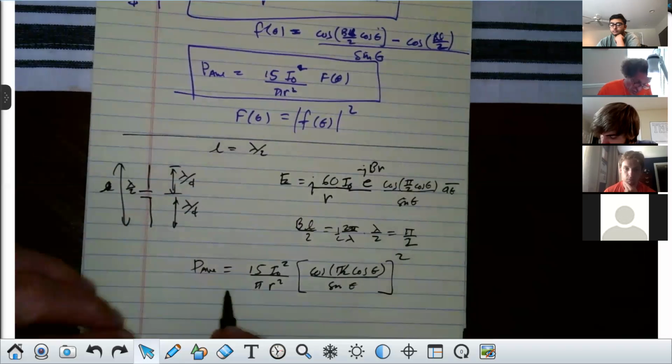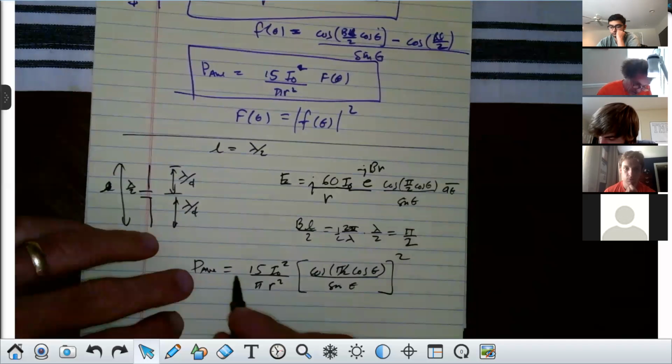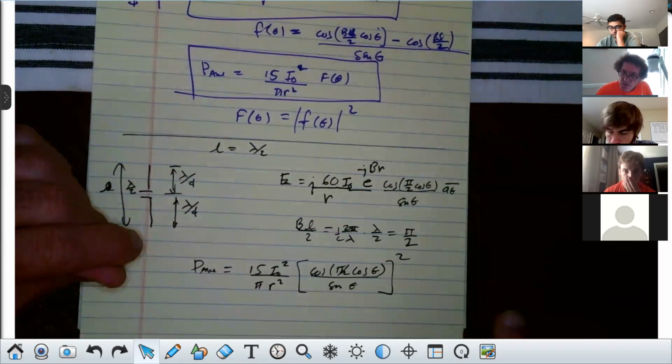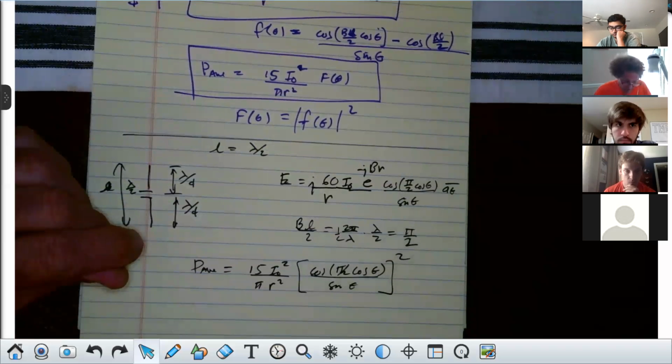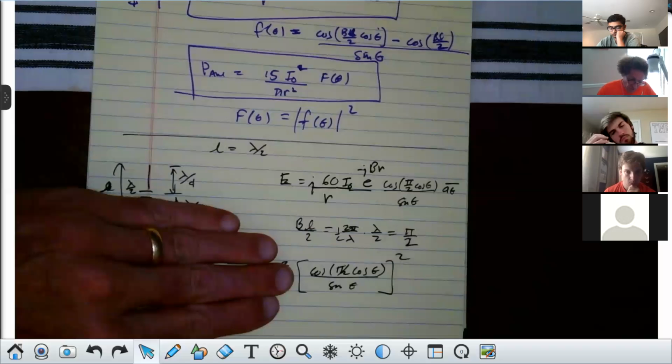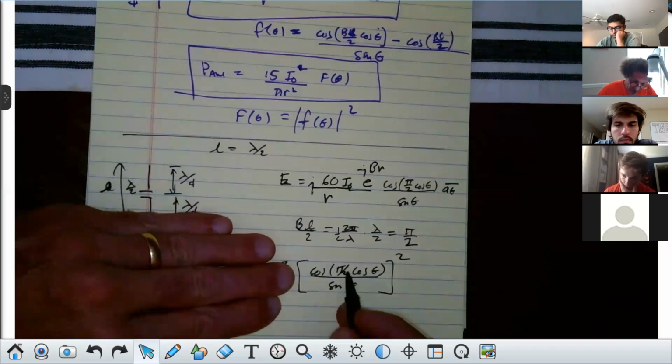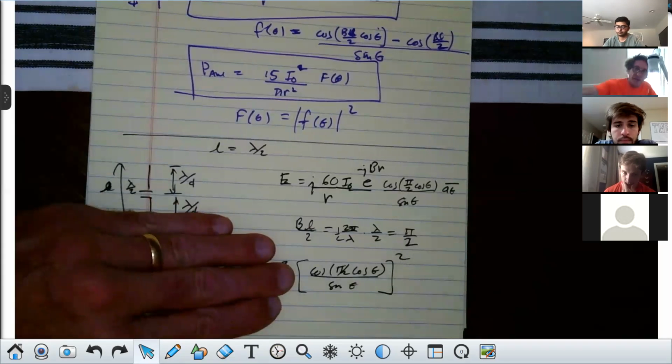Now, once you have this, I got to say this. This is the average power density. The normalized power density, just listen to me now, would get rid of all this stuff. And the reason I know this is because the peak value this has is 1. So remember, when you get the normalized power density, you take the peak power density at a given range R and divide it into the actual power density to get the normalized power density.